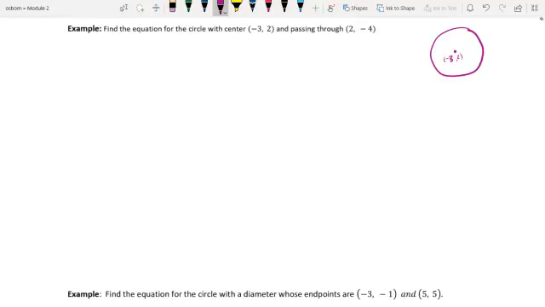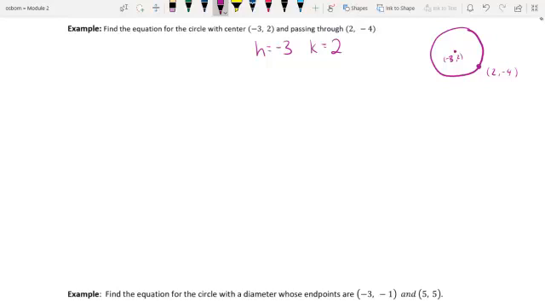And you've got some point that is on this circle, which is at (2, -4). So we'll just call it here. Alright, so that's the information you're given so far. Well, right away we know that h is -3 and k is 2. What we don't know is the radius.